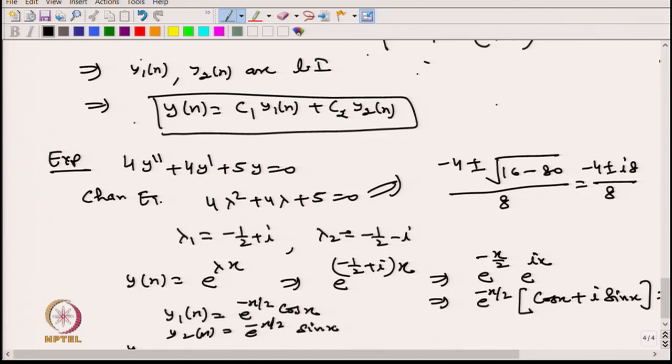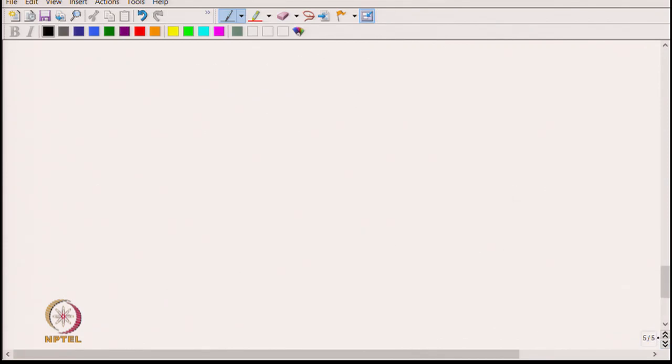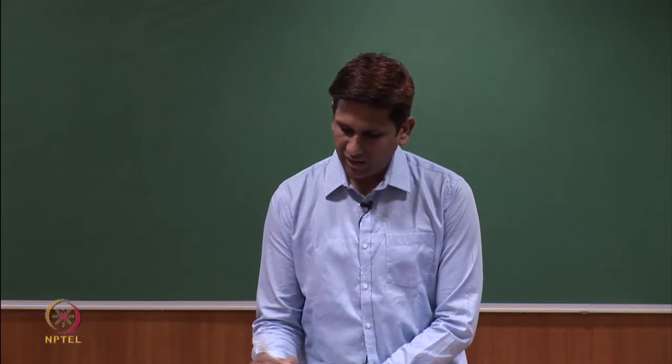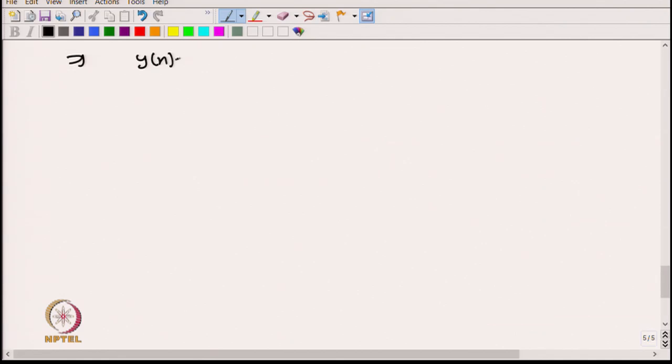In this case there is no need to find out what is going to happen if we choose lambda 2, the same thing will come again. So, I get two linearly independent solutions, and once I get these two, I can write my general solution for the differential equation.